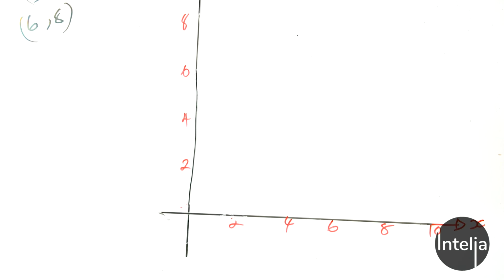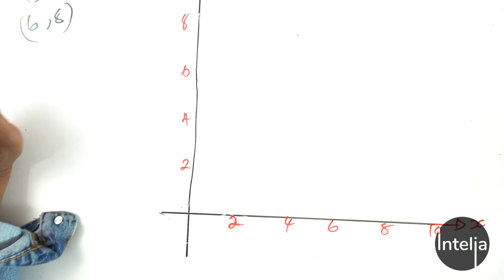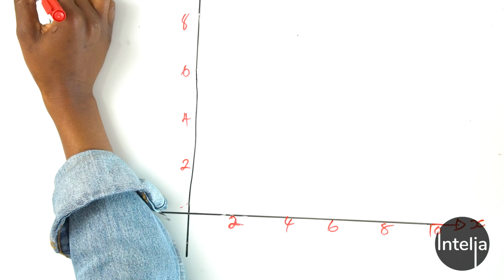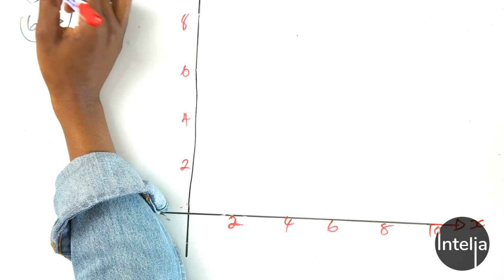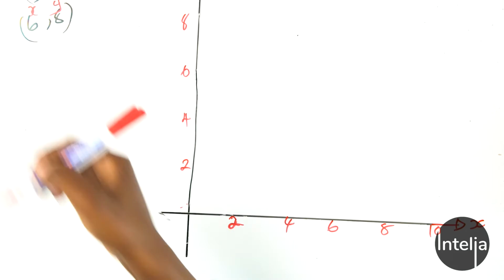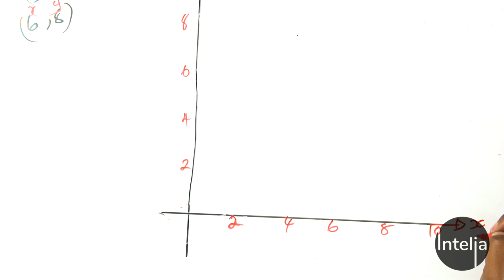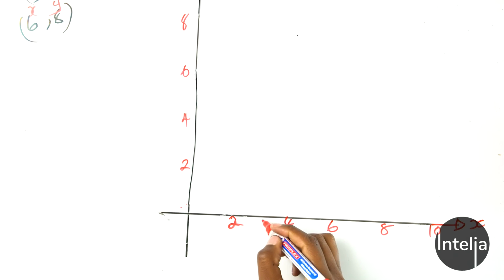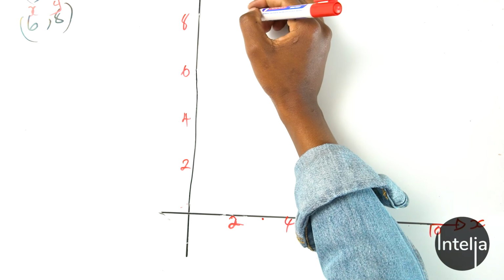So you want to find the points (3, 8) and (6, 8). So this is our x-axis and the y-axis. On the x-axis, here we have 3 and 8.